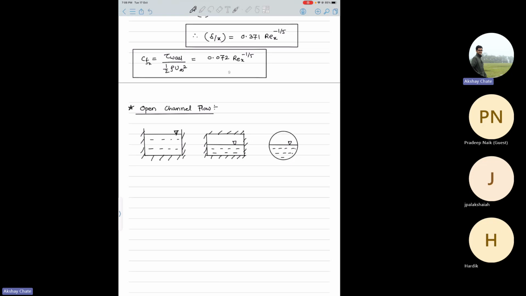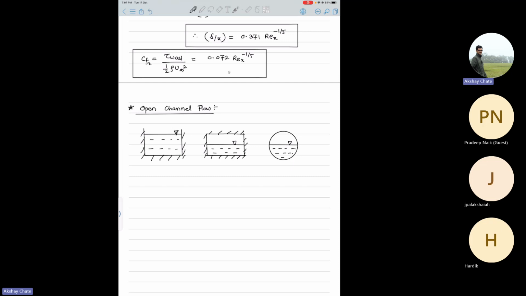So the point that I'm trying to convey here is, open channel flow does not necessarily mean there will be a flow which will be open and you can see the flow. There are closed conduits such as rectangular or circular or any other shape of pipes. If it is not fully filled and if the other side is open to the atmospheric pressure or any other pressure, typically we consider atmospheric pressure because most practical applications will have that, but that is also open channel flow.